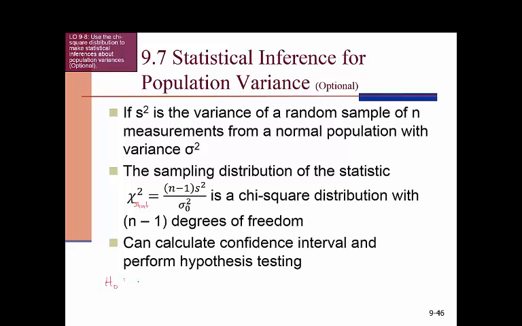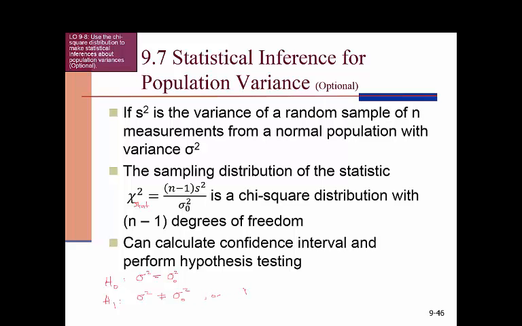Okay, H0 is such that sigma squared, which is your variance, is equal to some value. And you typically denote that, we're just going to be generic, as sigma squared naught, right? Just like we've been doing for mu naught and p naught. And your alternative hypothesis is sigma squared is not equal to sigma squared naught, right?